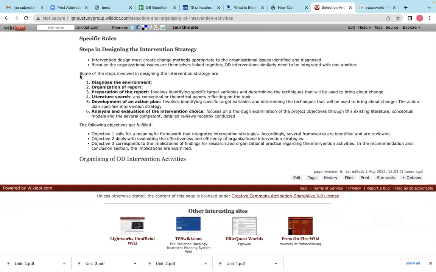So first thing, you need to actually diagnose the environment. The reason being, even though you are targeting a particular unit or a particular team, it does have a wider impact as well.